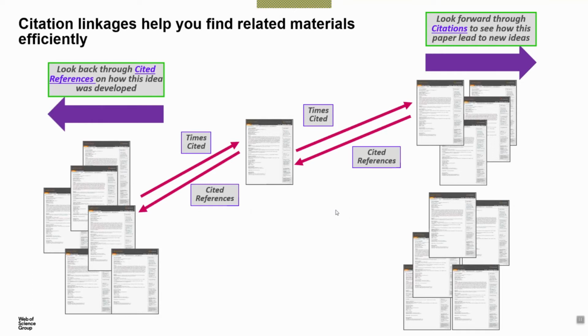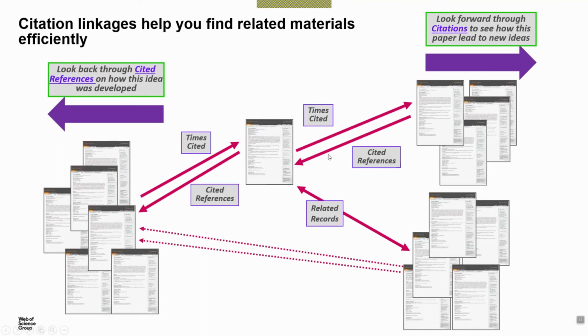When they share references, there is an indication that they are of similar topic and similar nature. The third way of finding related materials in Web of Science is through clicking the related records or related papers.